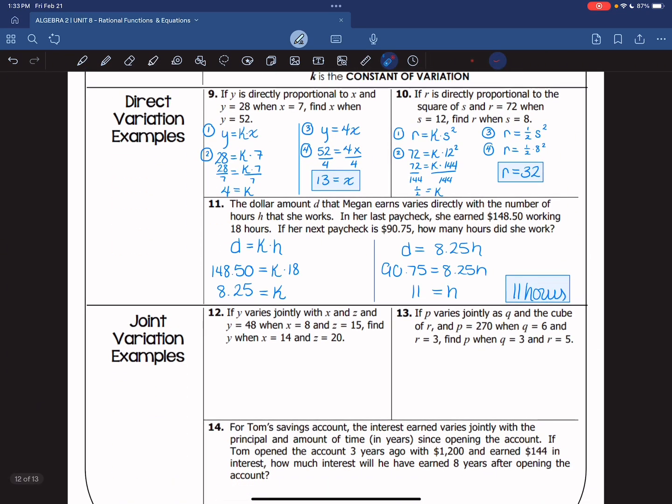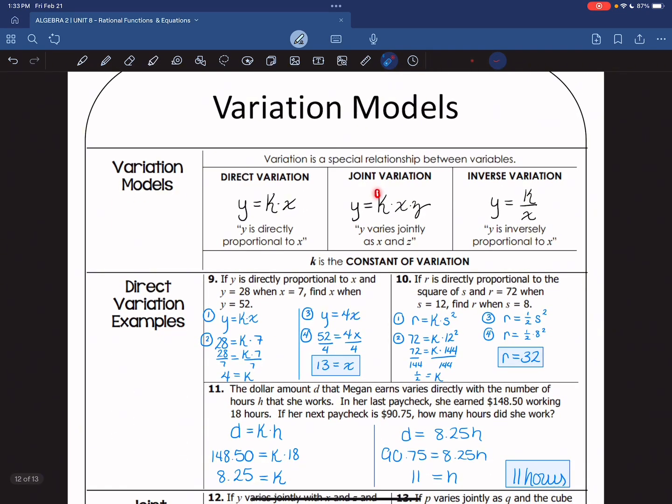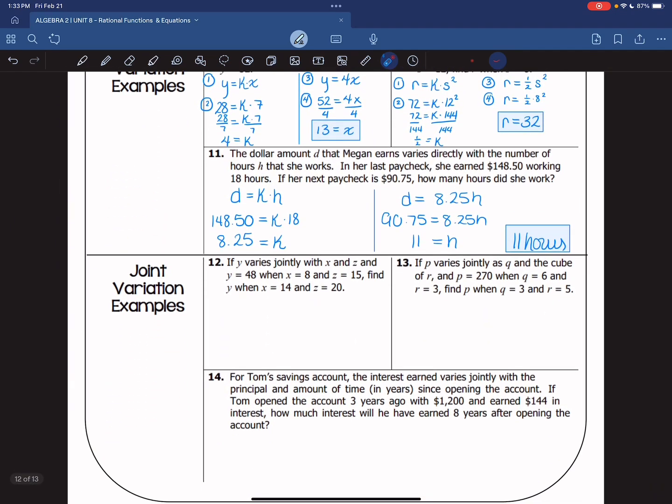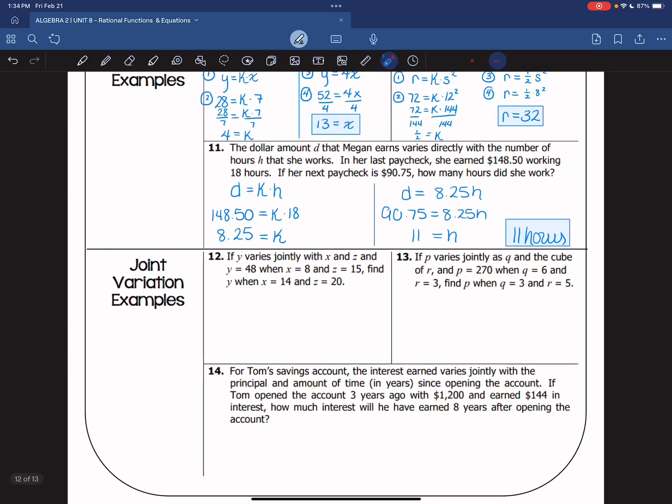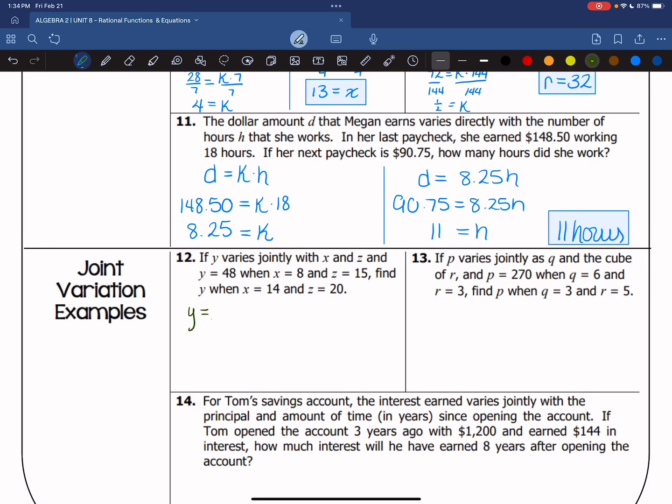We'll solve for our constant of variation, and that'll help us to answer problems where one of our variables is unknown. So it says if y varies jointly with x and z. Okay, so that means when I write this out as an equation, it would be y equals my constant of proportionality multiplying with x and z.